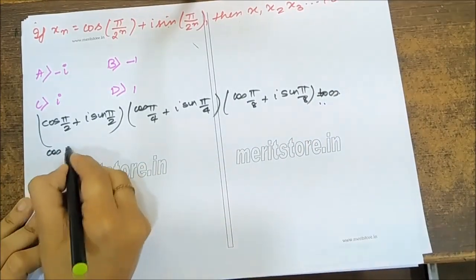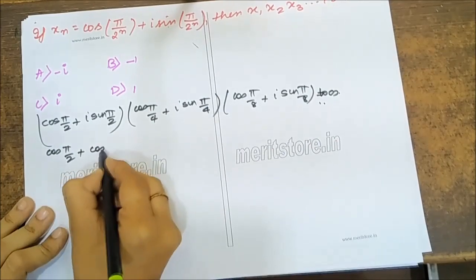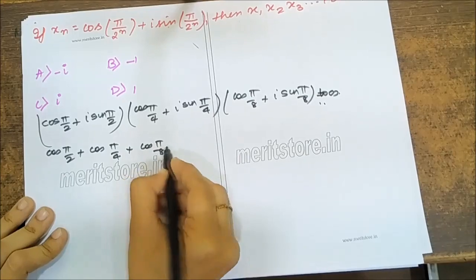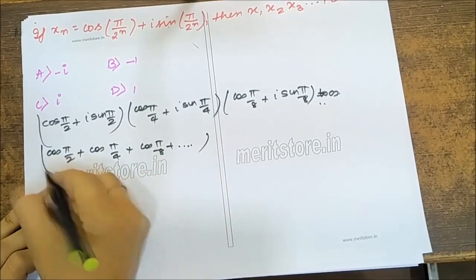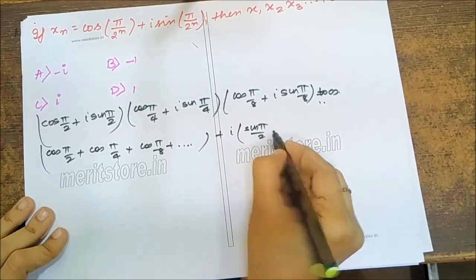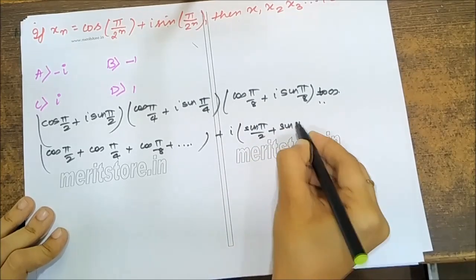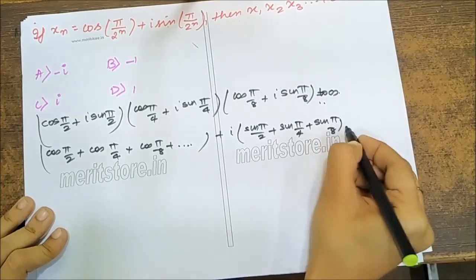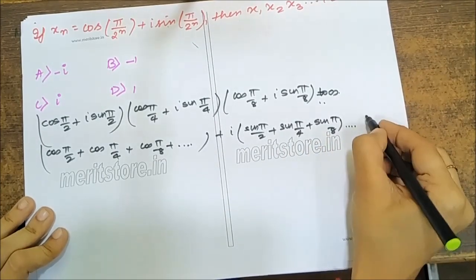So cos of pi by 2 plus cos of pi by 4 plus cos pi by 8 and so on, at one side, that is your real part, plus I common, sin pi by 2 plus sin pi by 4 plus sin pi by 8 till the extent.